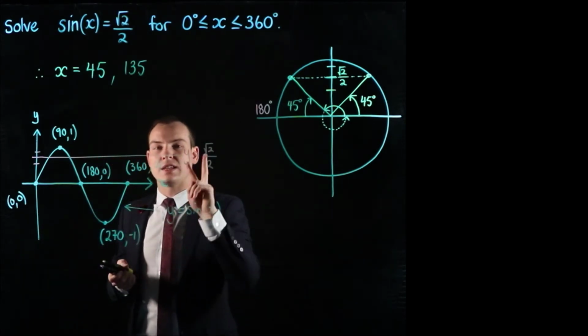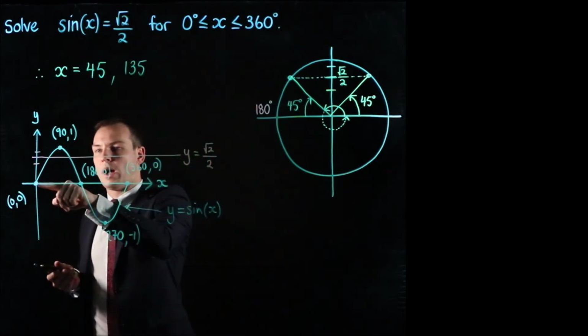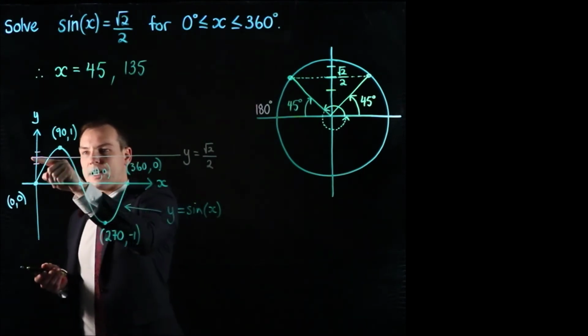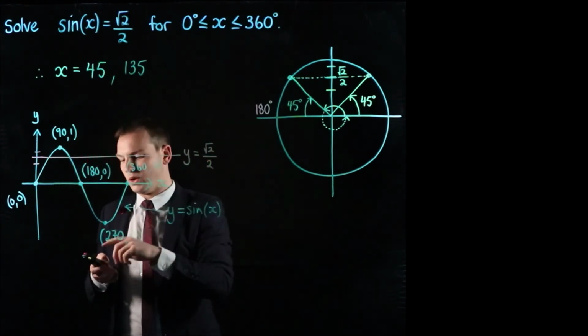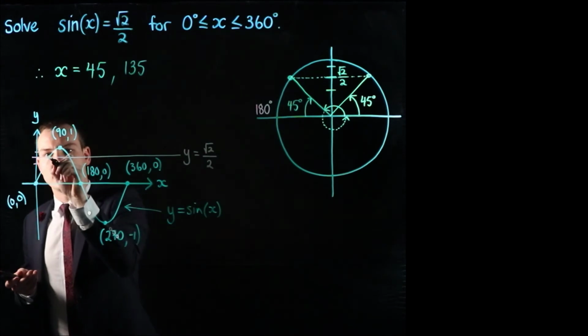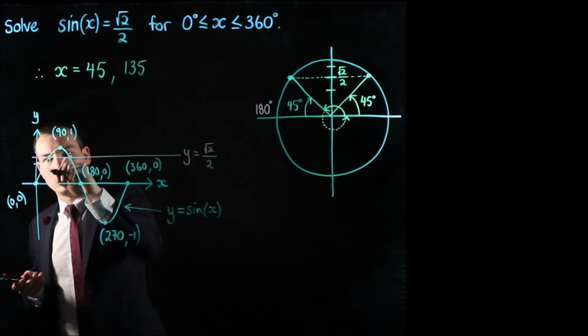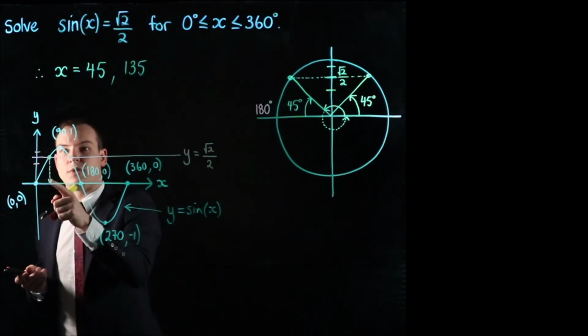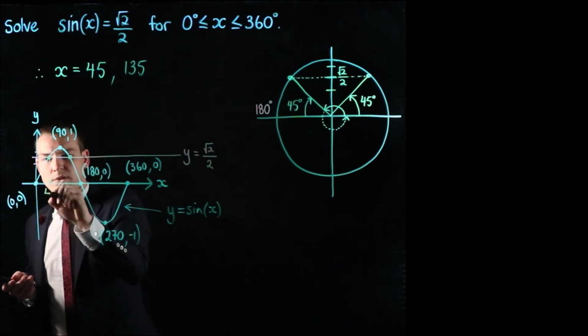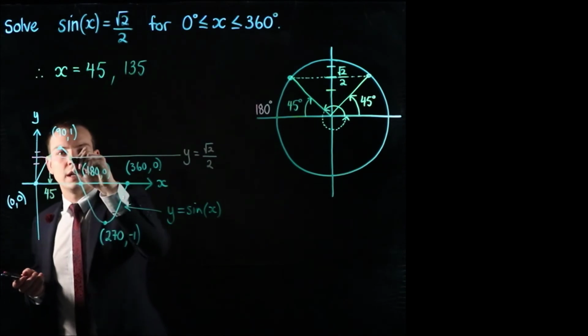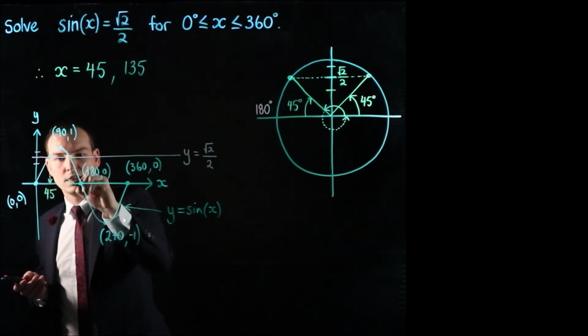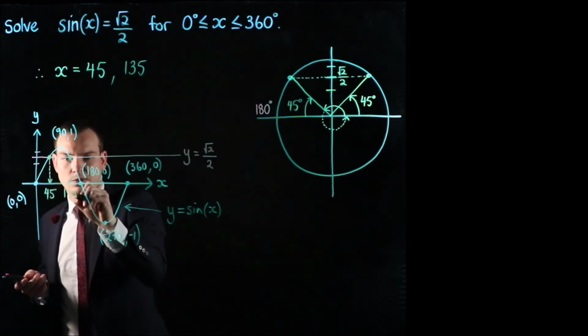We can see that there are two times that y equals sine of x intersects the line y equals root 2 on 2, and those two points are here and here. The x value of this one is the 45 that we found, and the x value of this one is going to be the 135.